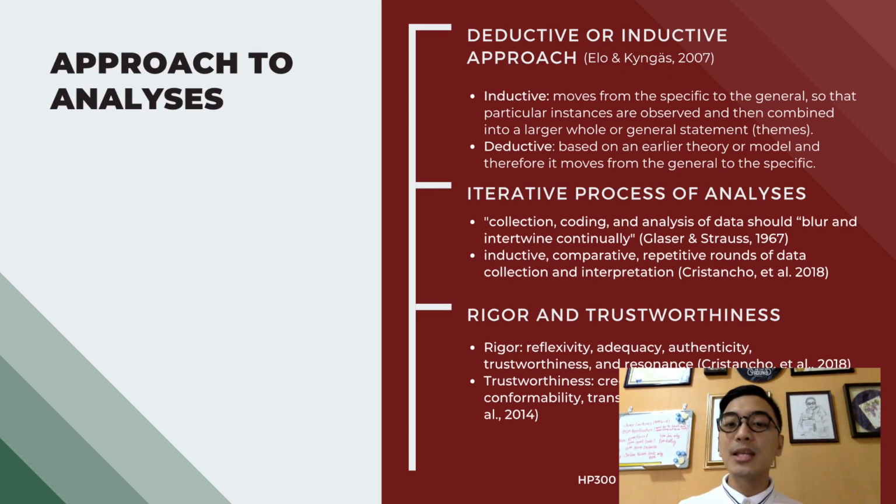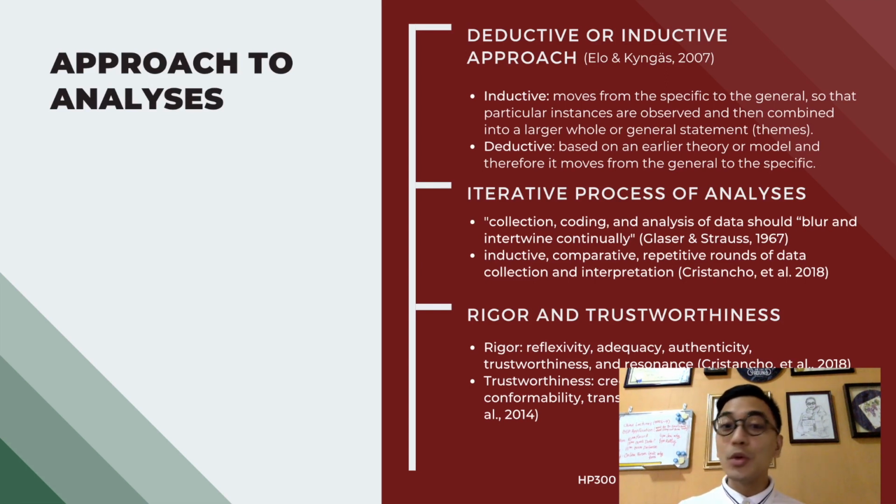Rigor and trustworthiness, as you can see, there are different components under rigor, like reflexivity, adequacy, authenticity, trustworthiness, and resonance. For trustworthiness naman, you have your credibility, dependability, conformability, transferability, and authenticity. Okay, these components just make sure that when you're doing your qualitative research, na-achieve mo tong mga components na to.